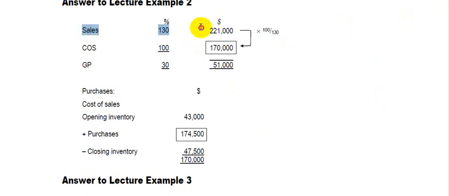Our sales were given as 221,000. The markup is 30%, so our sales are 130%.